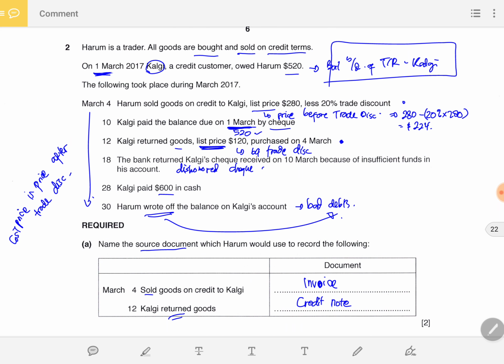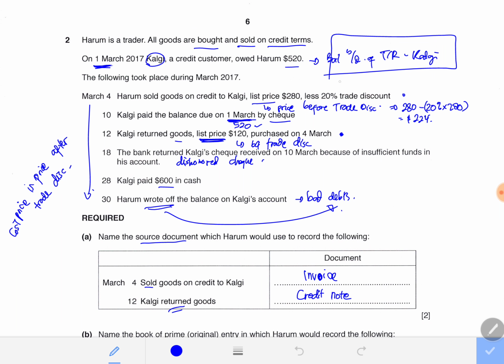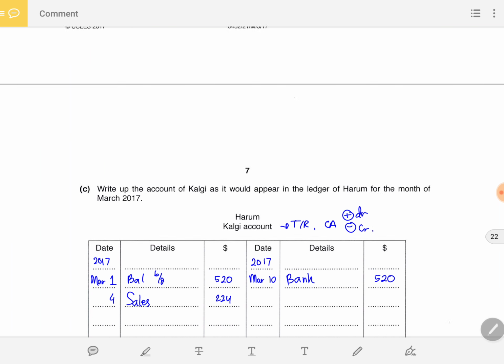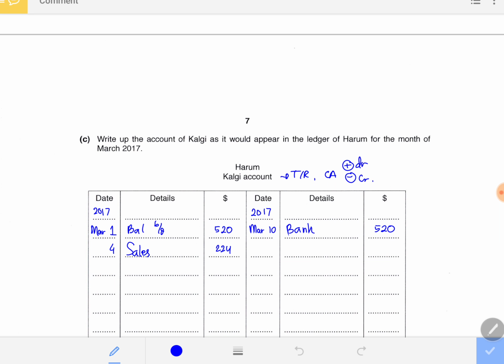Next, March 12. Returned goods, list price 120. Don't forget, this is the list price, and this amount refers to the March 4th transaction where there is a trade discount of 20%. If there is a return, it will decrease Kalgi's account. March 12, sales return.